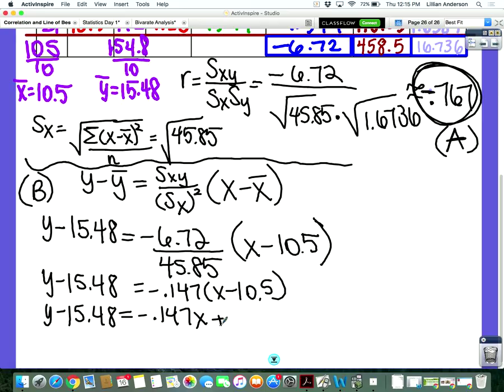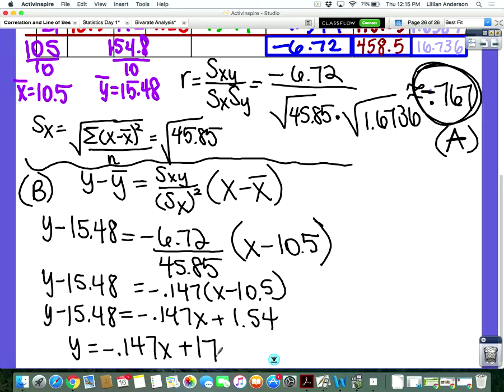Give me a sec. Negative 1.4 or 1.54. That should be positive. I don't know. You can have it back. 17 here. Yeah.